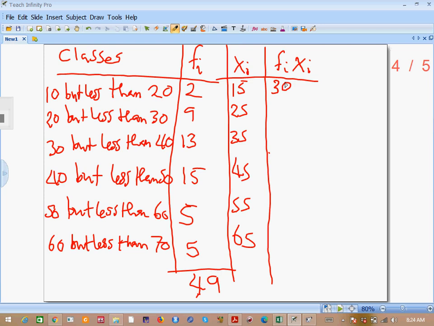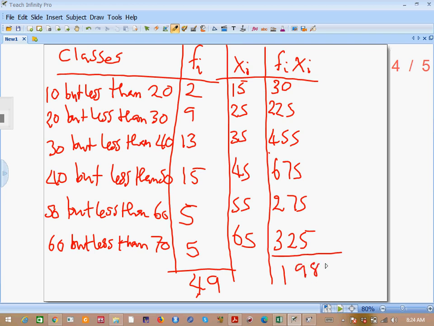For the second class, we get 225. For the third class, we get 455. The fourth class, we have 675. Then 275, and finally we have 325. Then we need to get the sum, which is just the total. So add those numbers and you have 1985.